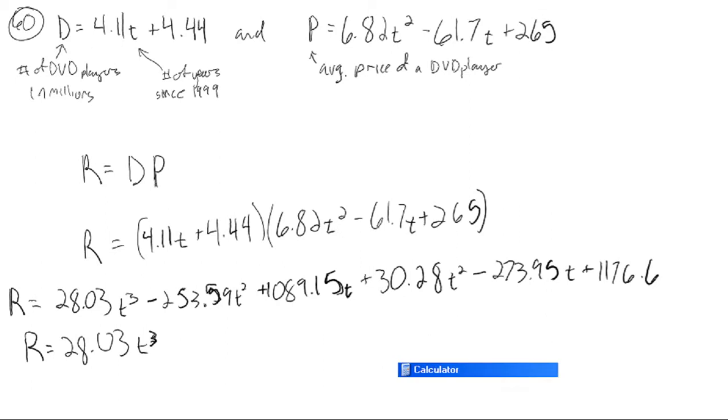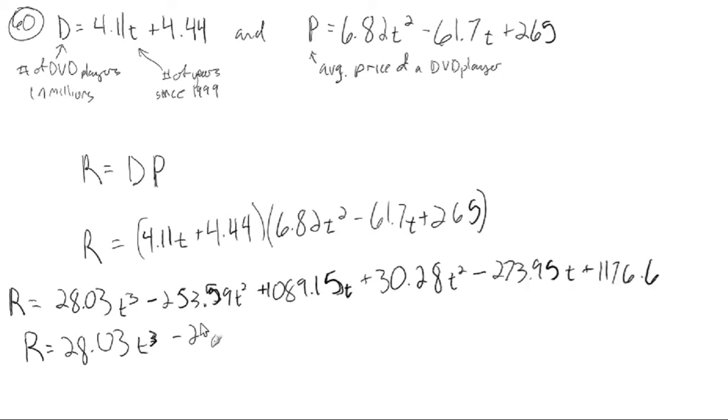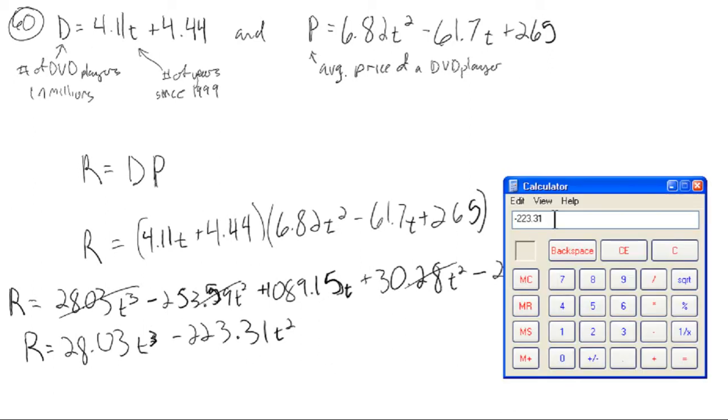So we have 30.28 from right here, minus, because this is negative, and we're doing this because they're both t squared terms, minus 253.59, negative 223.31 t squared. So these are done, this guy's done, and next we have the t terms.